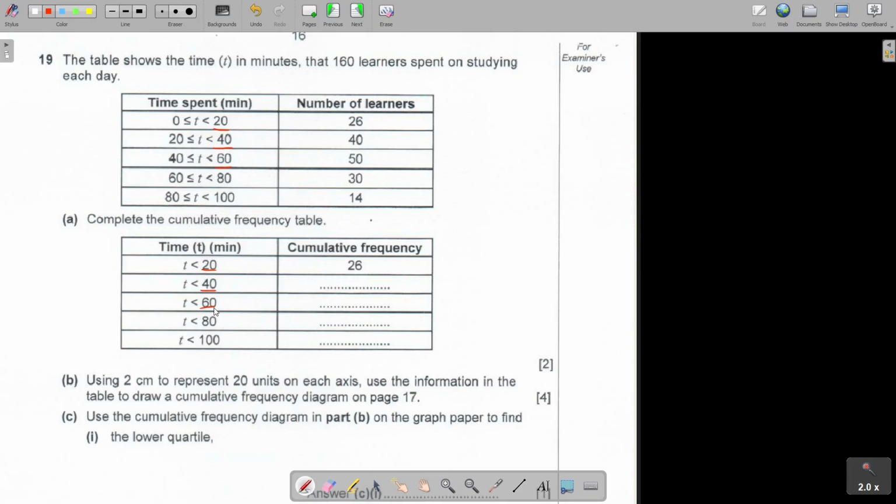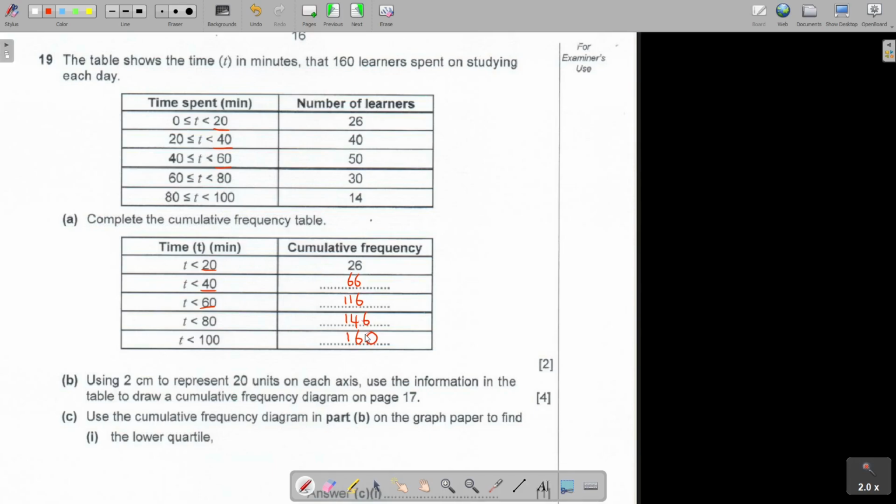So you can just take your calculator: there's the 26, and 26 plus 40 will be 66. Keep the 66 and add the 50, that's 116. Add the 30, that's 146. And add the 14, and that's 160. So I will get 2 marks for that.